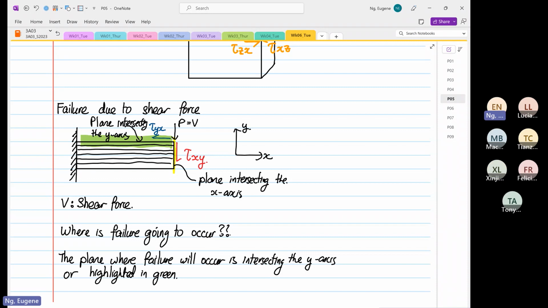Okay, not in yellow, which is interesting. Okay, not in yellow, but the one in green.